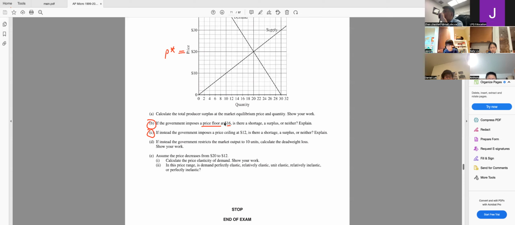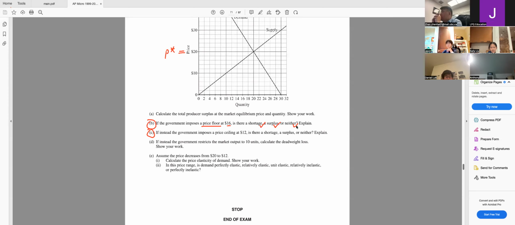So is it a binding policy or non-binding policy? Non-binding policy, yes. So a non-binding policy cannot change the market at all. So which one do you choose, a shortage or surplus or neither? Neither, yes, you are right.